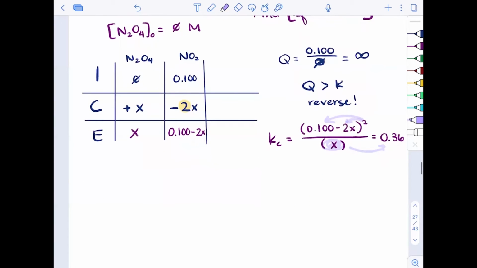When we have this type of setup, I'm going to switch over my Kc value here, and I'm going to start changing up my algebra.